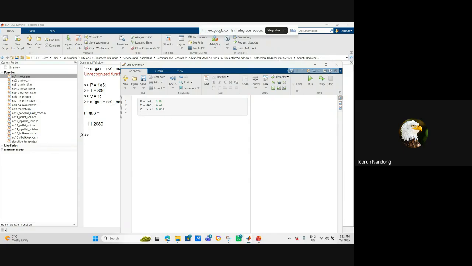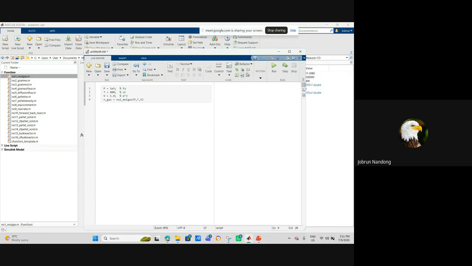After that, we just call that file again. We go back to that and paste it here. Then we just run this one. Click run here. That tells you the number of moles of gas in the system is 11.2 mole.